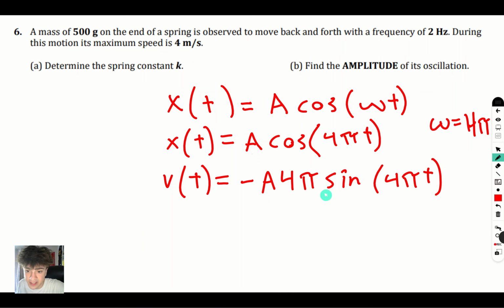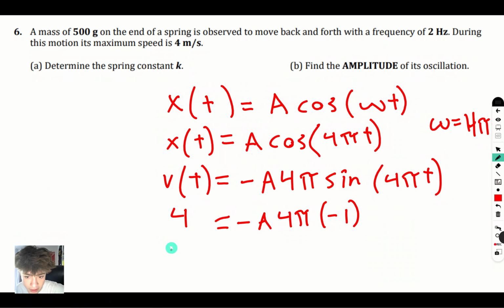And we know that this is going to be a maximum when sine of 4 pi t is at -1, because we know that the range of sine is just from -1 to 1. And since there's already a negative in the front, we want the two negatives to cancel out. So we want the greatest negative number, which is -1. Let's plug that in. So we get -1 times negative a 4 pi is equal to our v max, which is 4.